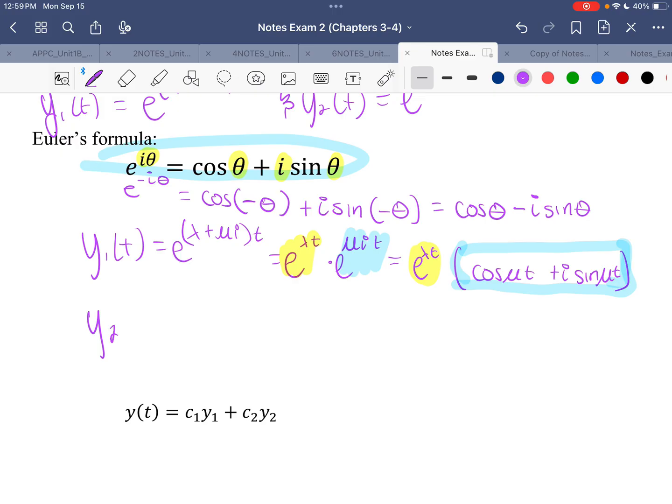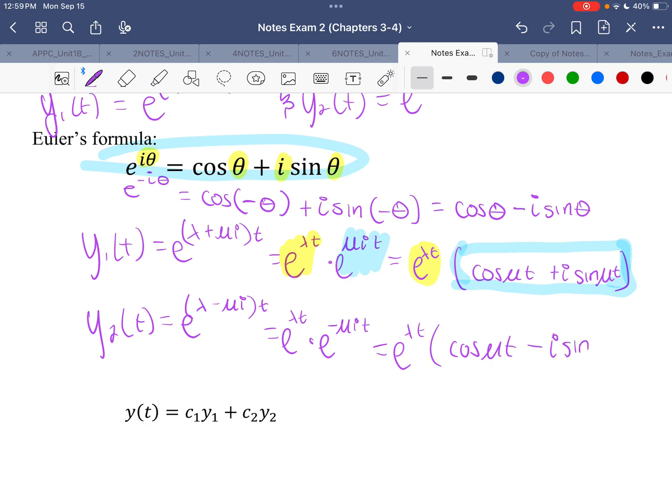Then y2 of t is e to the lambda minus mu i t. So e to the lambda t times e to the negative mu i t. It's going to give me e to the lambda t times cosine mu t minus i sine mu t.